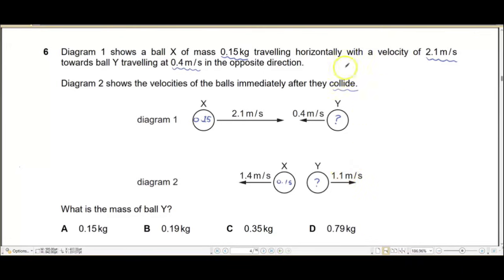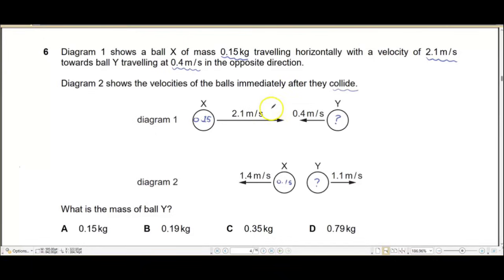Now the crux of this question lies in how much you know your concepts regarding momentum. We know that momentum is a vector quantity. It has direction as well as magnitude.